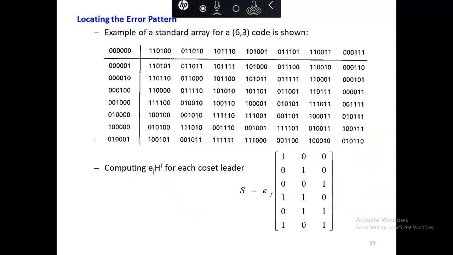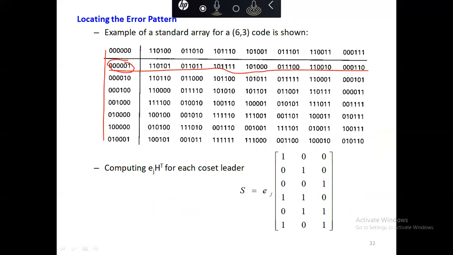In that way, we have the error patterns, and these error patterns are coset leaders. And with this error pattern, we have this complete coset.